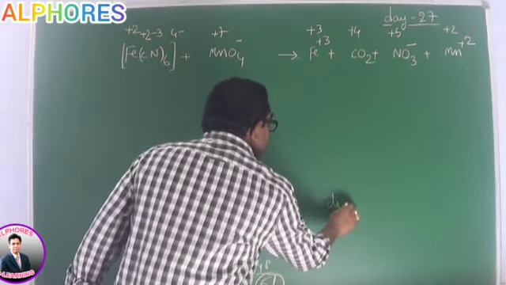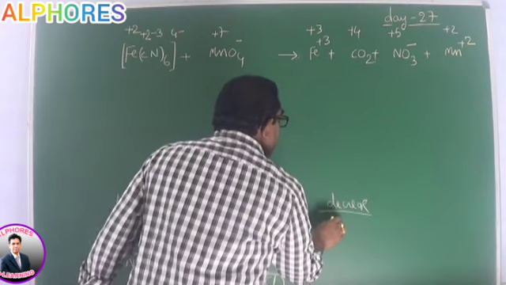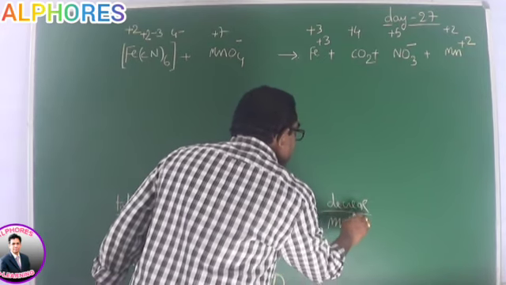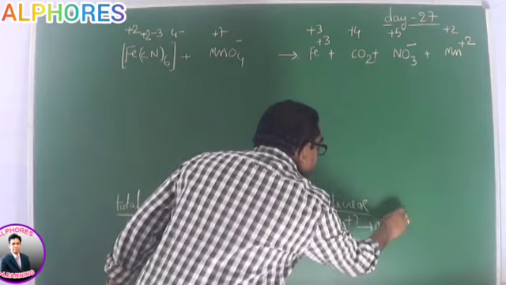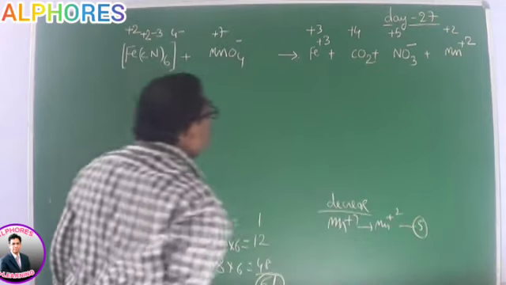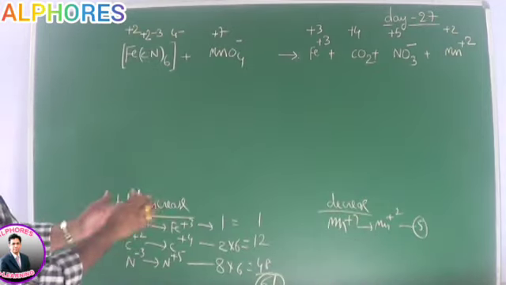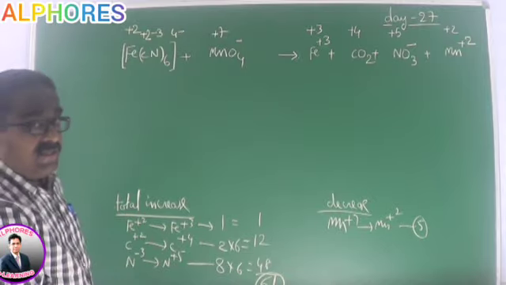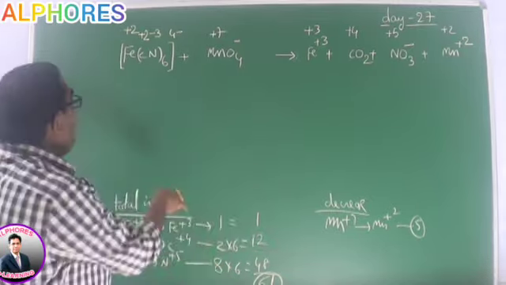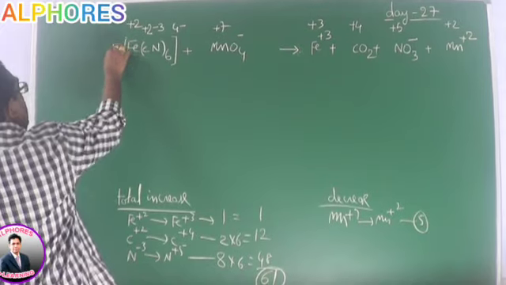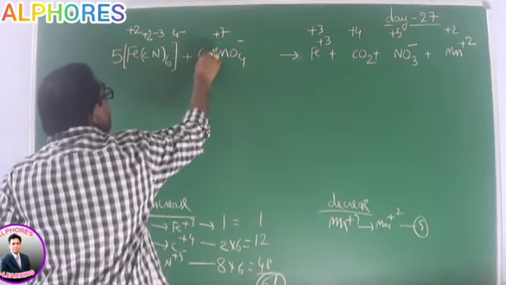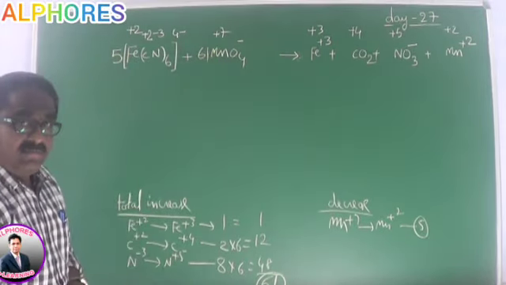Next, the decrease, only for manganese, Mn +7 to Mn +2, that is 5. So the decrease is 5, the increase is 61. We have to reverse the coefficients as usual, so 5 for this and 61 for this.